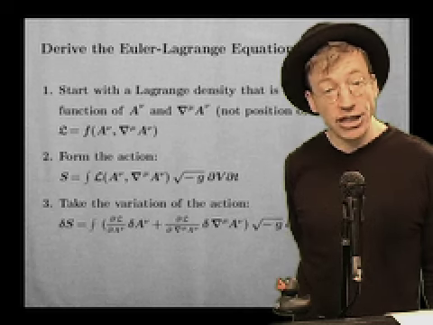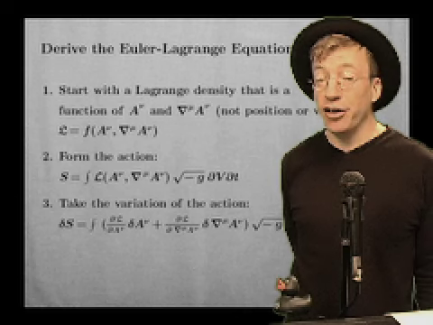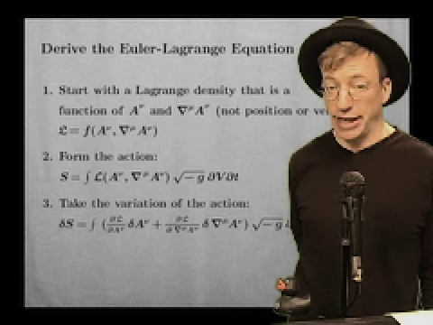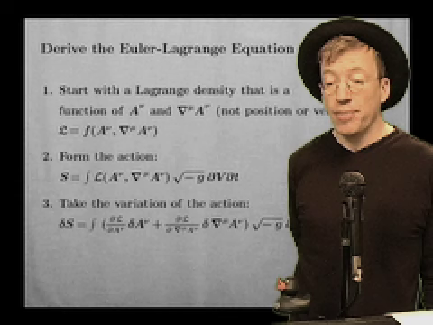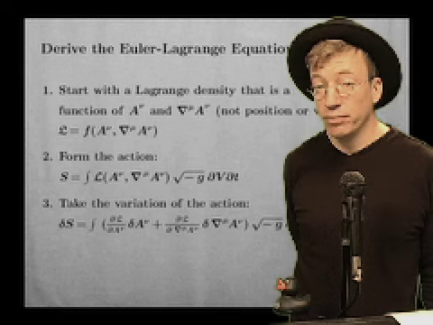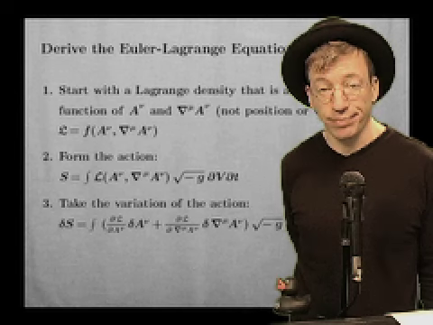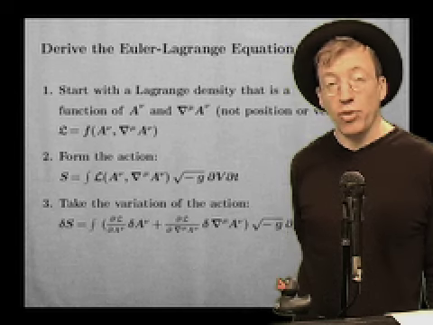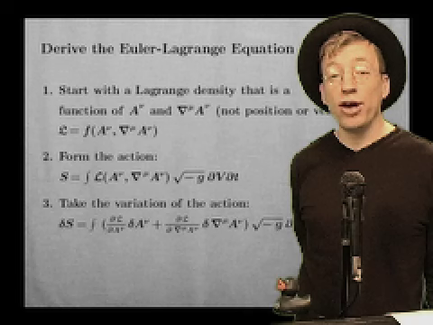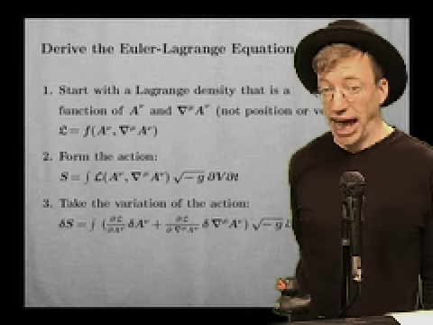Now we form the action, and the action is simply the integral of that Lagrange density with respect to volume. So add up all the volume slices and time. But then what we do is we say we are going to vary this action.